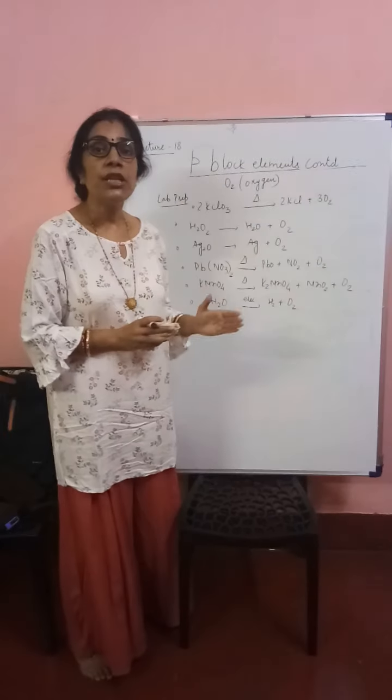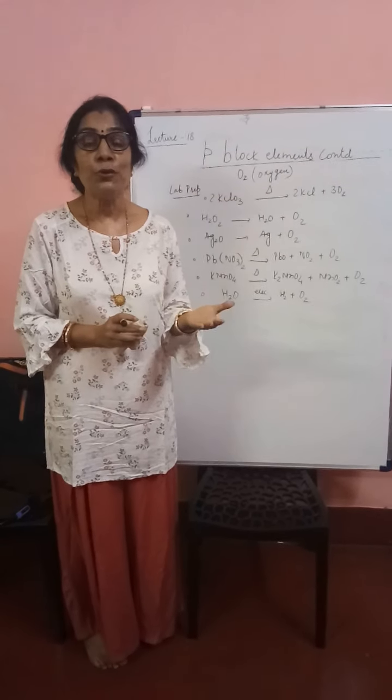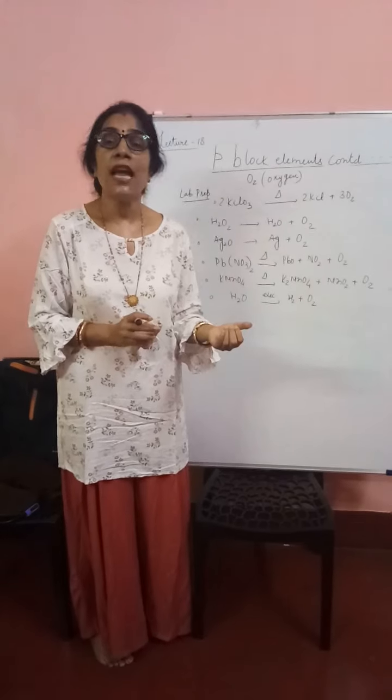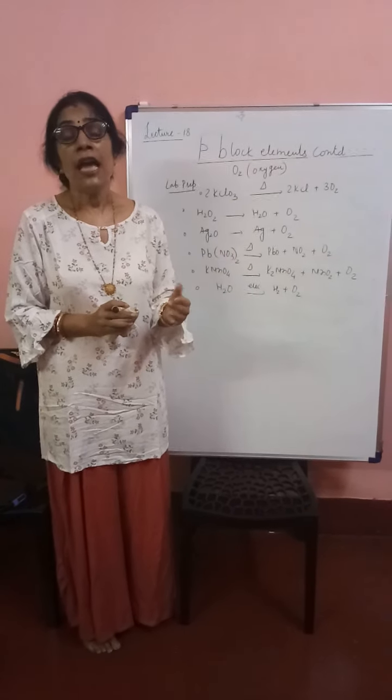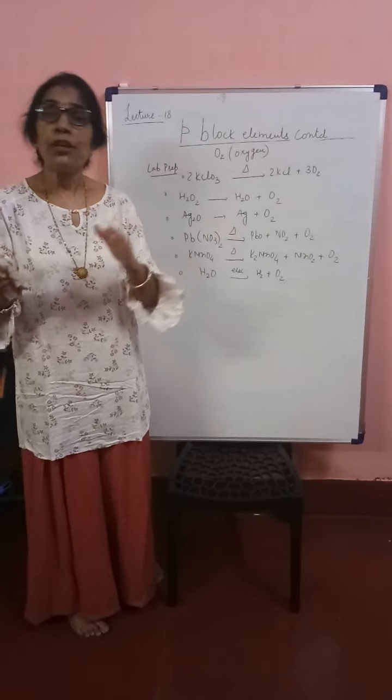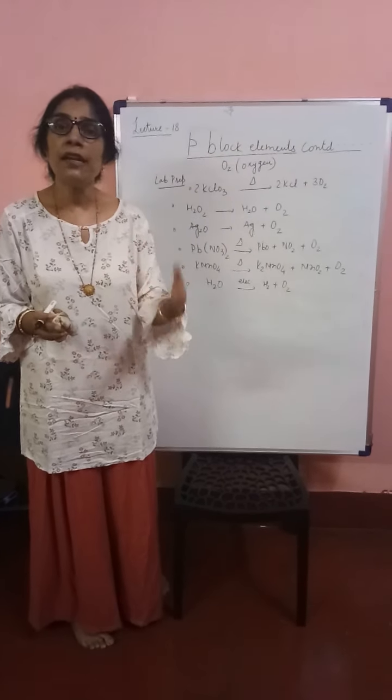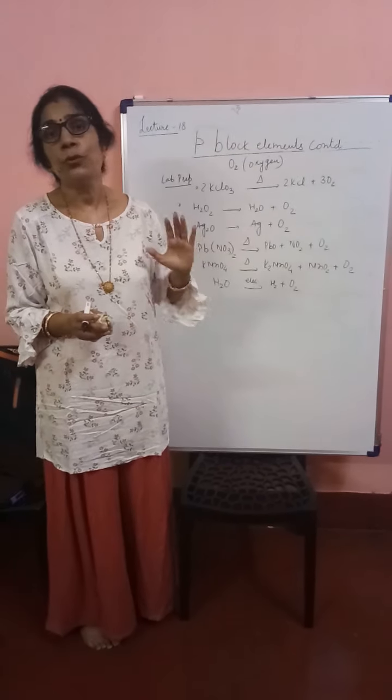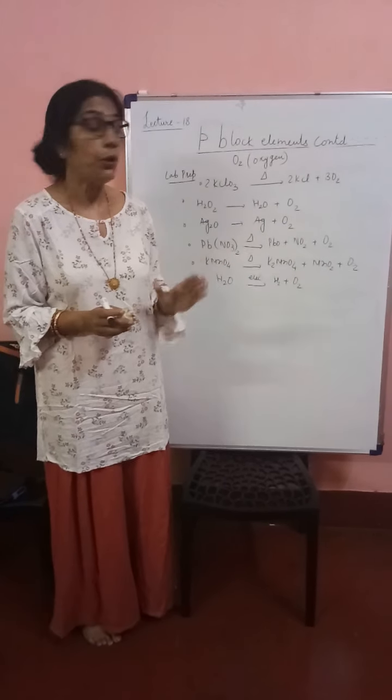Then the physical properties: as you all know, oxygen is a colorless, odorless gas, and its solubility is very less. It is sparingly soluble in water. Whatever is required by the marine and aquatic animals, that much only is going to be soluble.